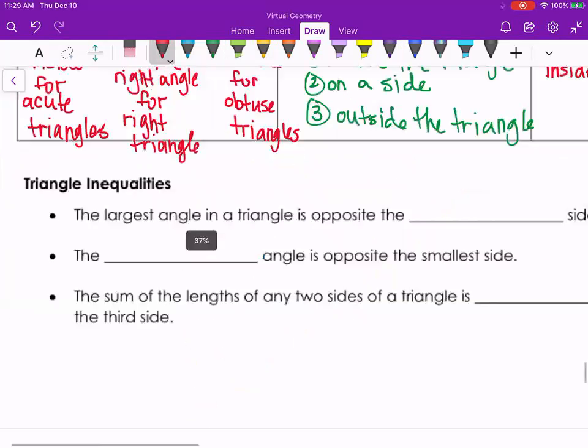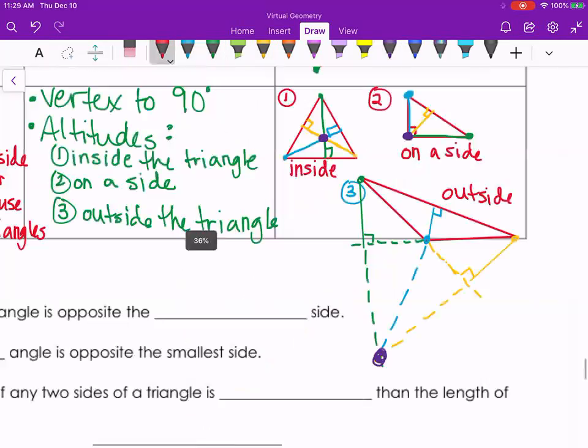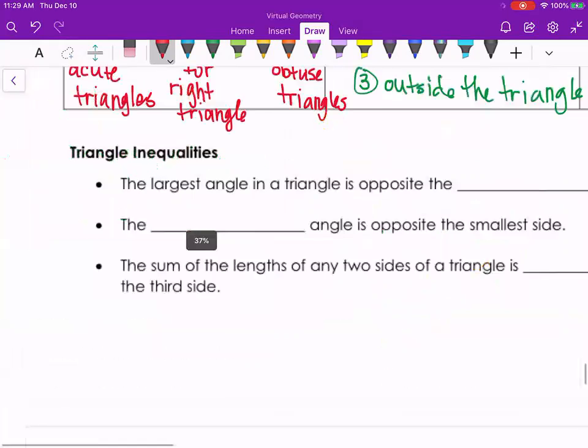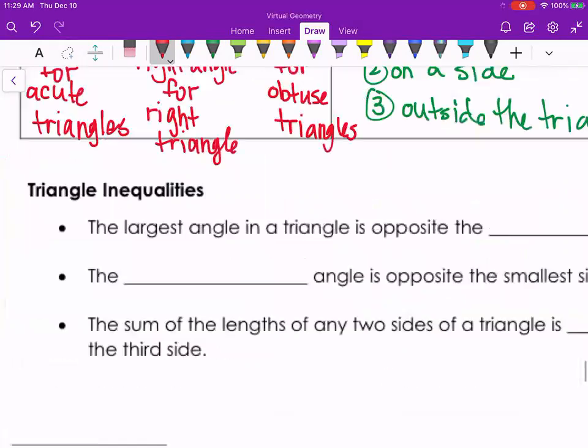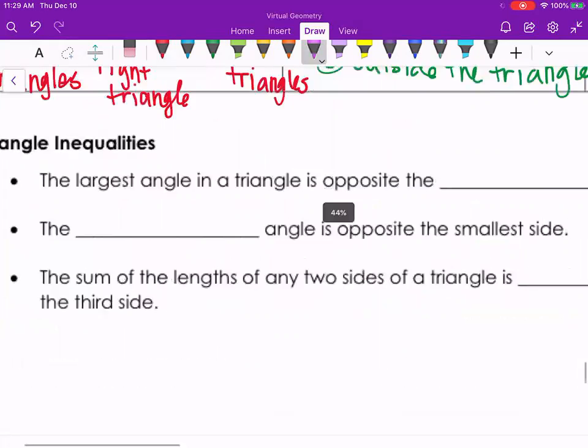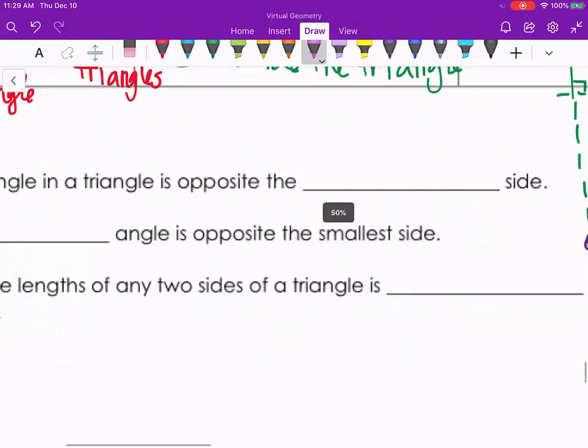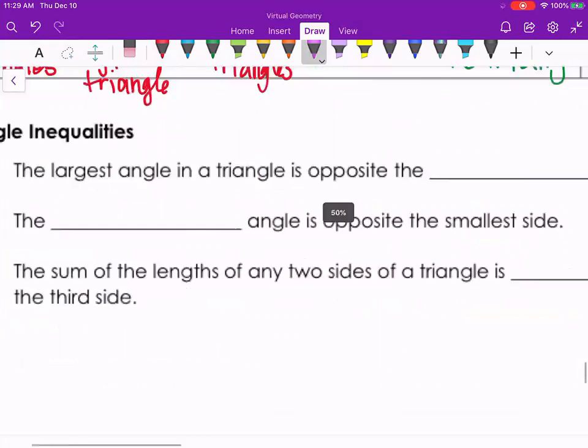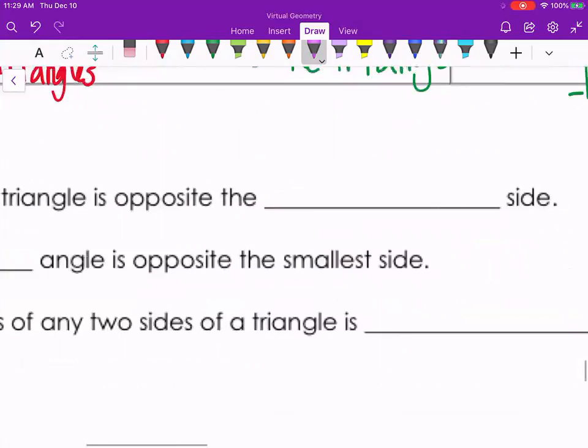Now, once we looked at your special segments and triangles, we talked about what are the requirements to make a triangle altogether. And one of those things we had were the triangle inequality. Some of those facts we said that the largest angle in a triangle is opposite the largest side.